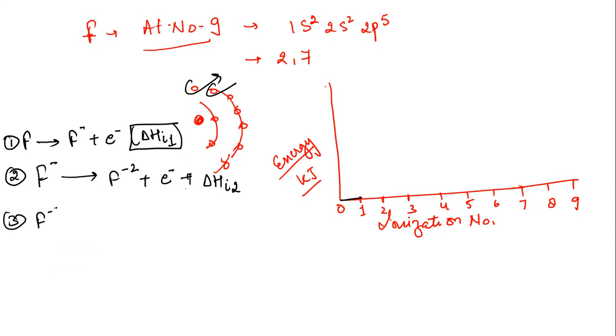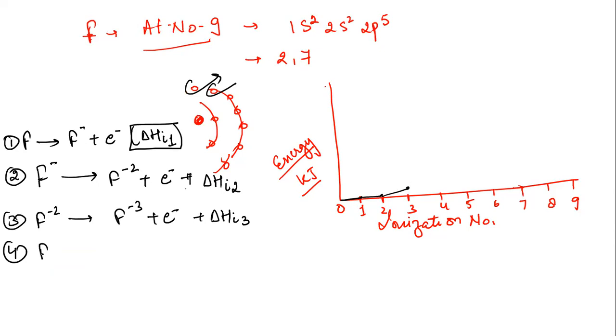Third, F minus 2 gives F minus 3 plus an electron, that is delta H I 3.